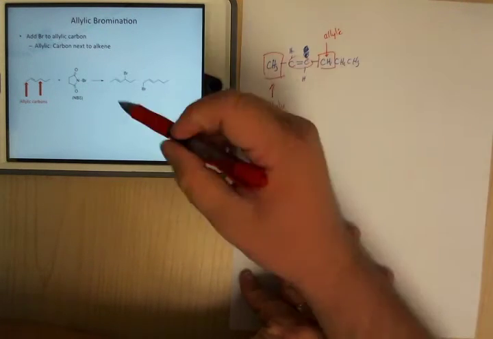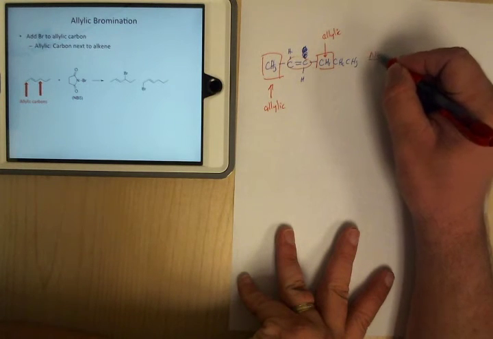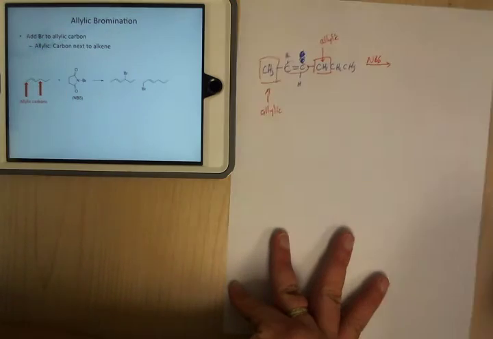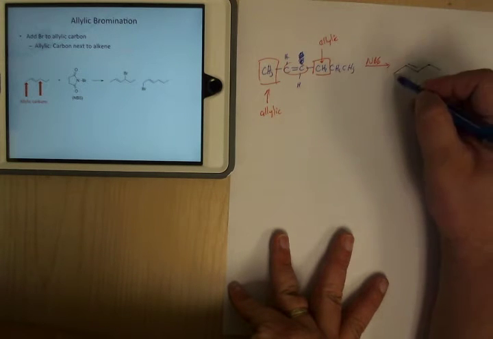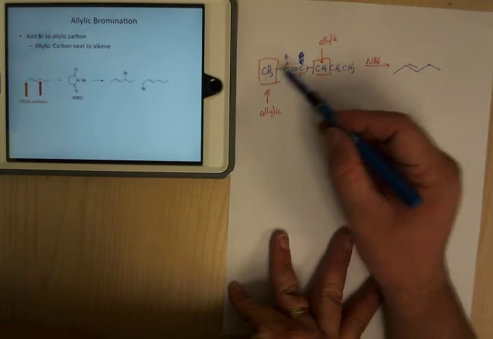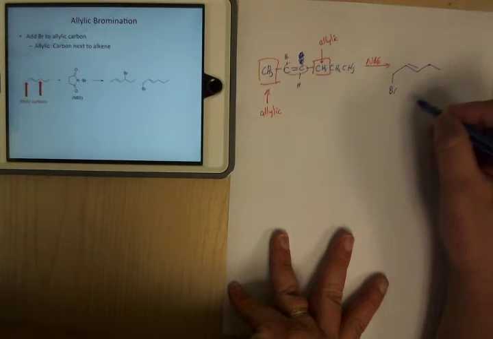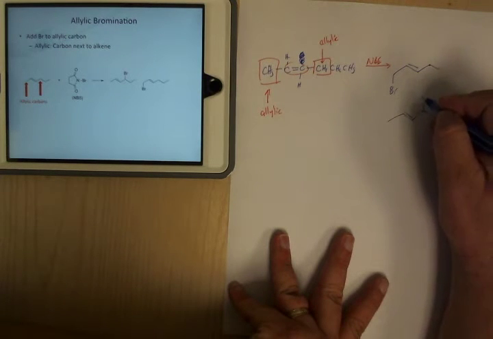This compound called NBS, N-bromosuccinimide, will add a bromine to these allylic positions. So half the time it's going to add here, and the other half it's going to put it there. Approximately. The other half of the time it's going to put it there.